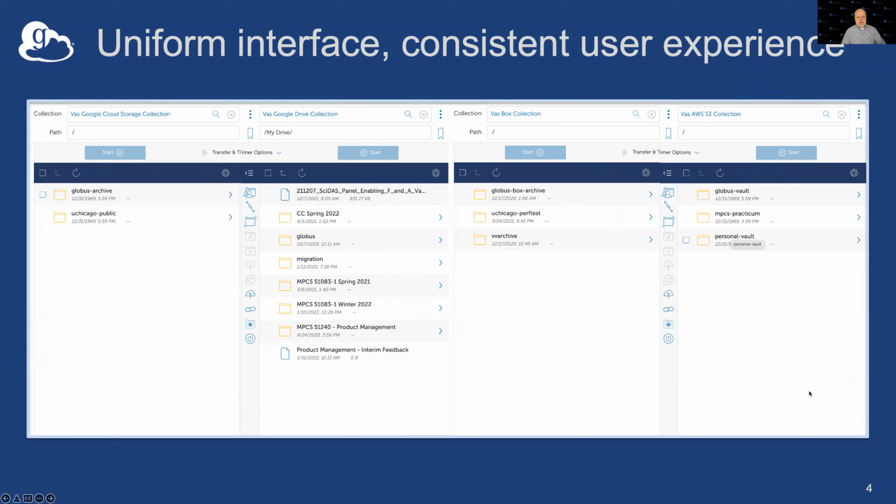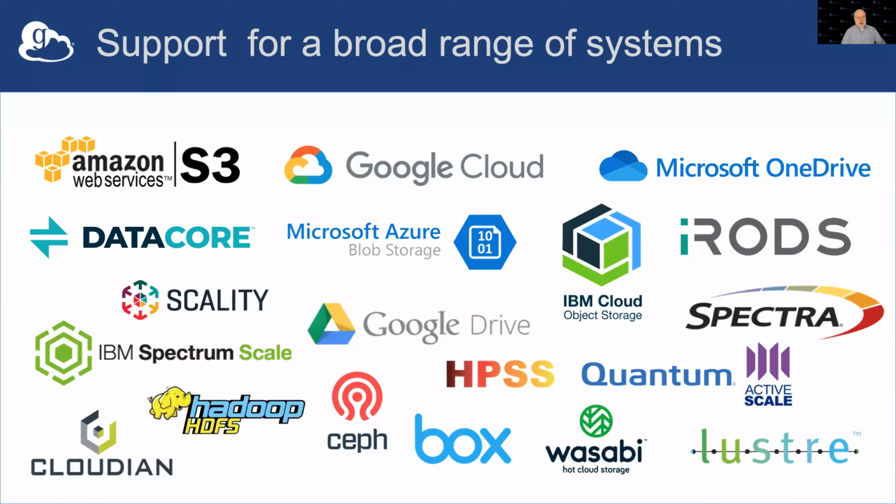But the idea is, if you have a POSIX file system, you can browse that, but then you can just as easily browse any of the many different object stores that are supported through what we call Globus connectors. And many of these have S3 compatible interfaces. So for some of them, a single connector can actually allow you access to many different types of storage as well.